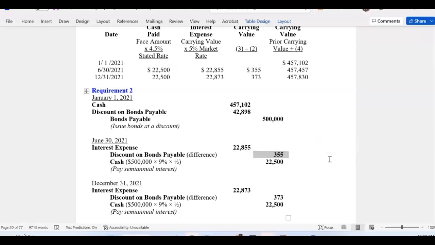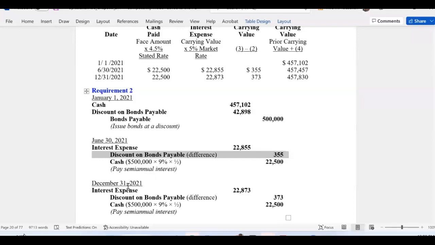And that 355 is where you start to amortize the discount on bonds payable every 6 months, to the point that you amortize your discount all the way to 0, and you convert your carrying value all the way to 500,000. So the carrying value keeps going up and up and up, and your discounts on bonds payable keeps going down and down and down.